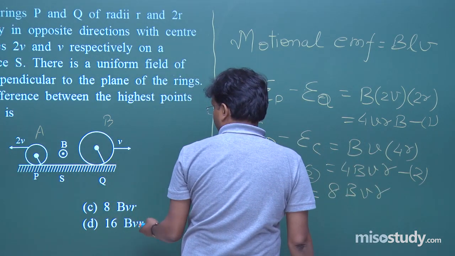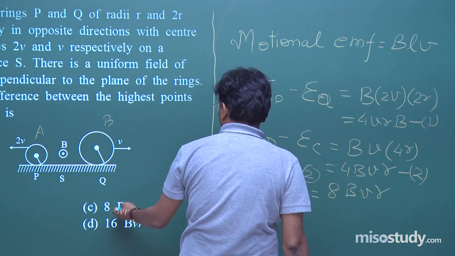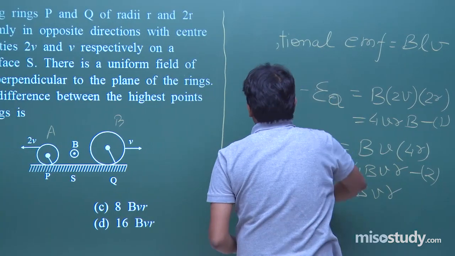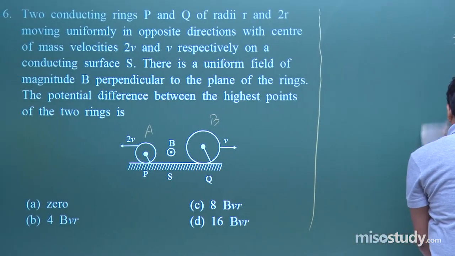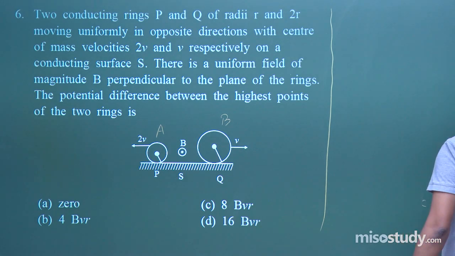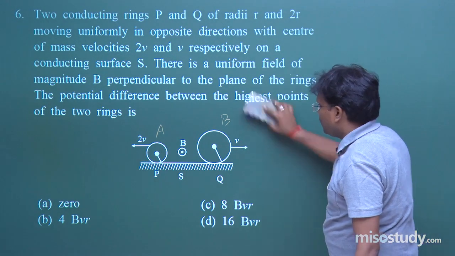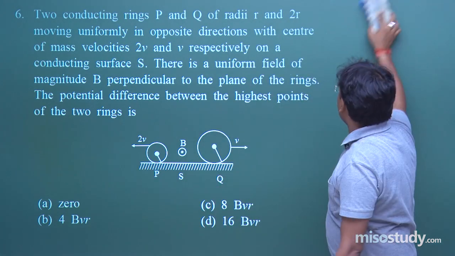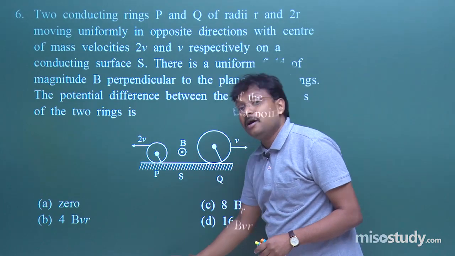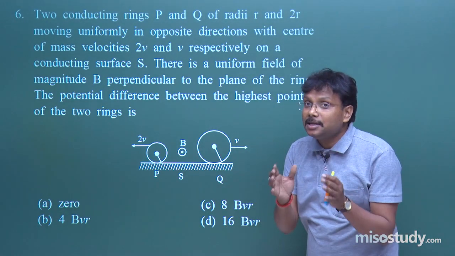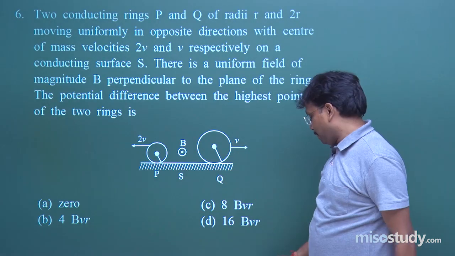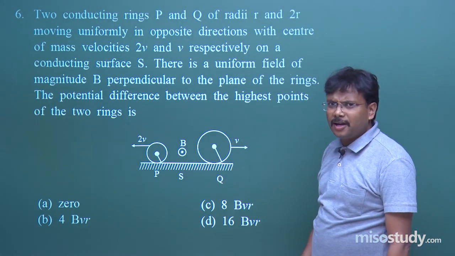So, it is the simple solution of this problem, 8BVR. As such, this problem is not a difficult one, just some visualization is required. Because these few questions were slightly long, I hope the message is clear that I am forcing you to prepare yourself for these types of questions also. And this is not a difficult aspect, very simple.